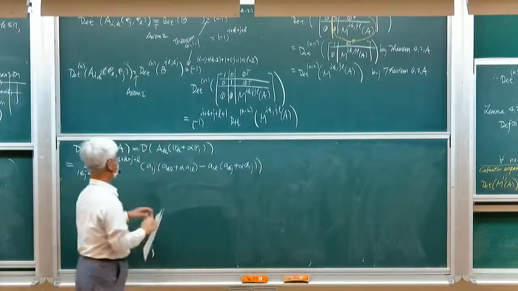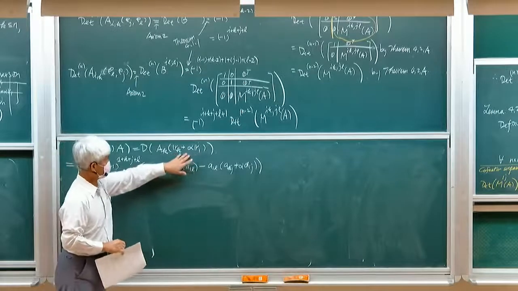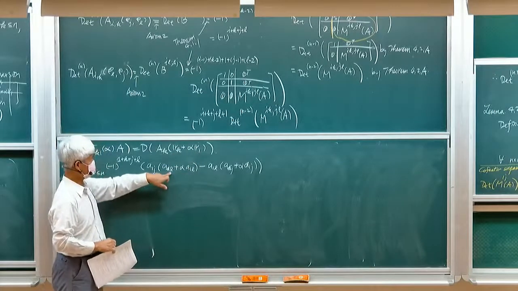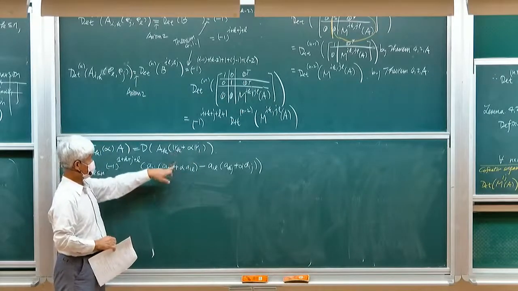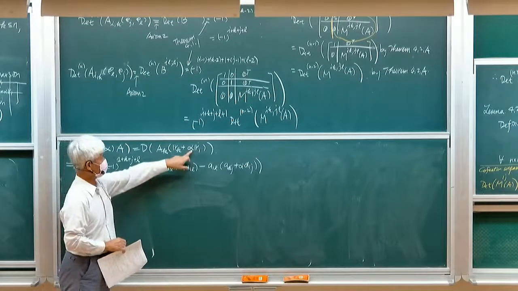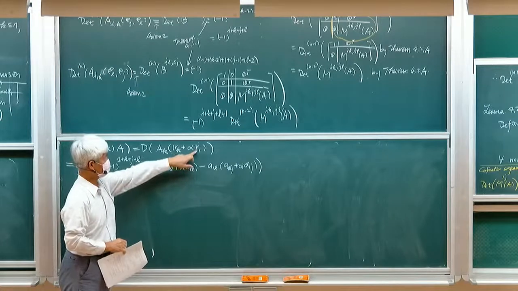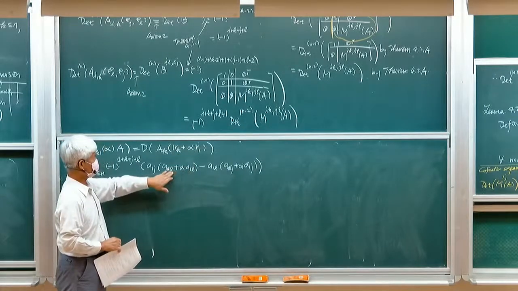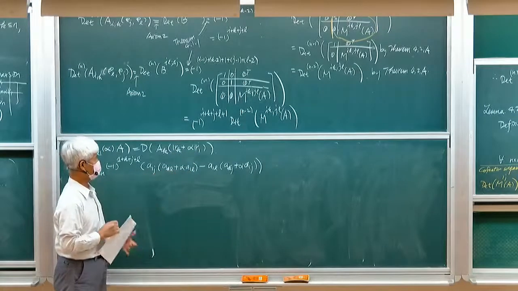Okay, because the K-th row has entries AKL, and a multiple of the component in row 1 is added to row K here.